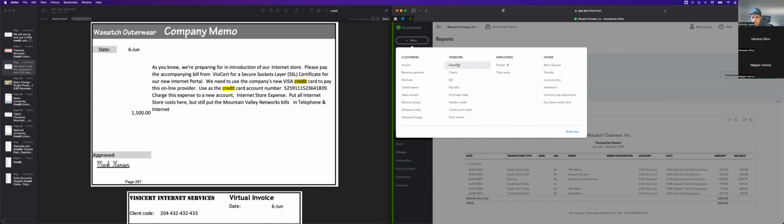It's kind of misleading that there isn't a specific credit card expense or credit card purchase, but credit card credit is not what you want. That's to pay down a credit card, or when you get a refund onto your credit card, that's when you would use it.